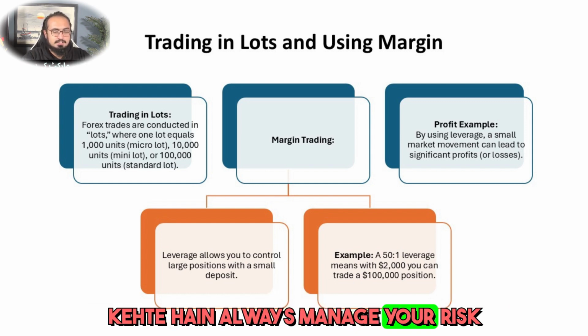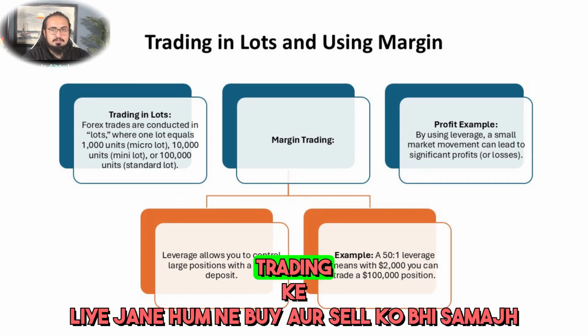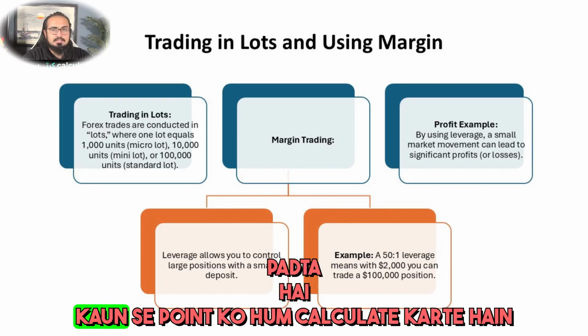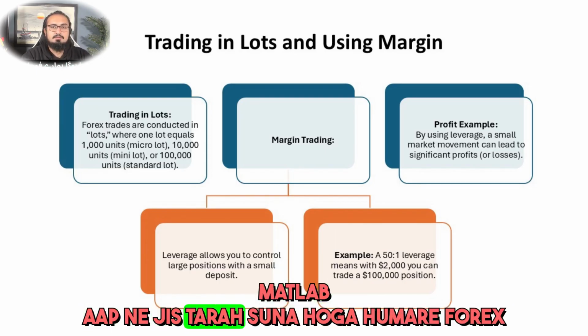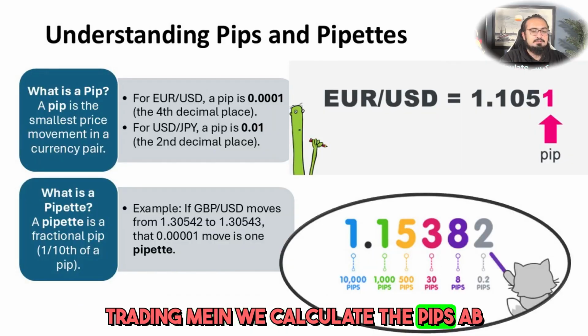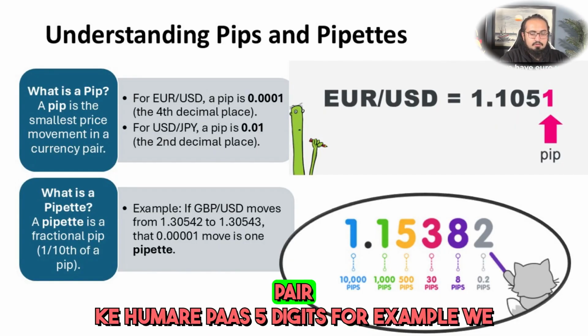Now we are understanding the basics of the forex market. Now that we have learned about trading, we have also understood buy and sell. Now, from which point does it make a difference in money, and which points do we calculate? Mostly, as you might have heard in forex trading, we calculate pips. Now, how are pips calculated when we have 5 digits?